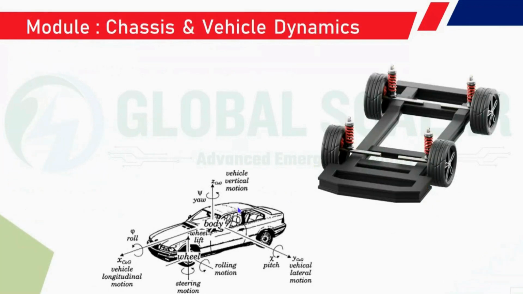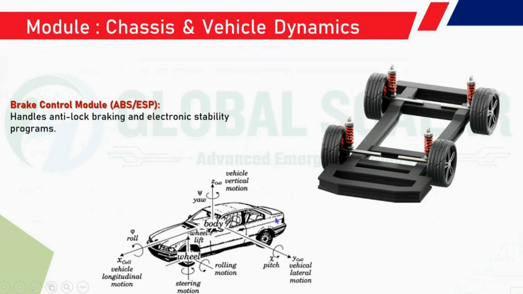And the chassis and vehicle dynamics play a major role in driving the vehicle. Here the braking control is a specific one, and the other part is the suspension. Suspension plays a major role here, and it has the coordinates.